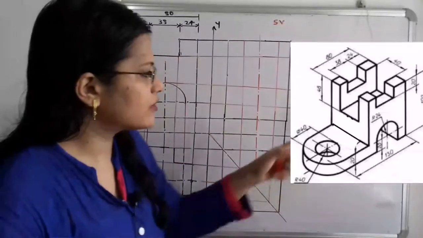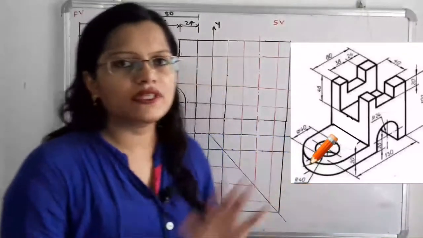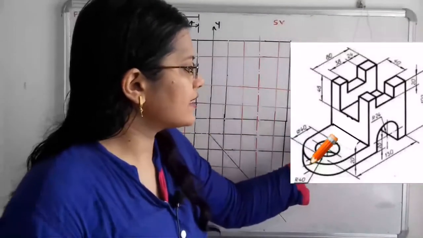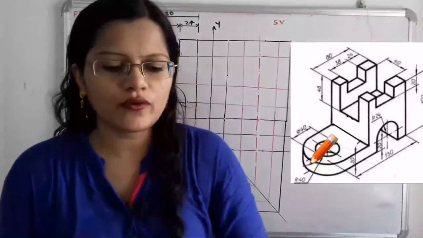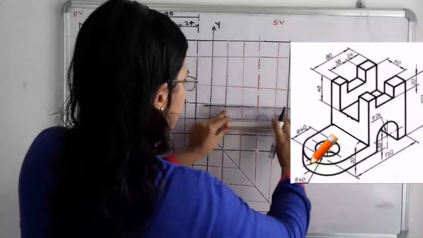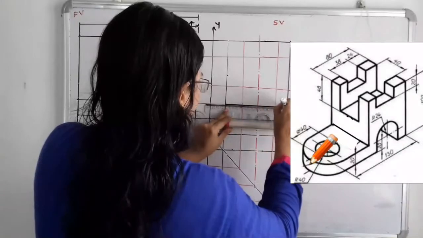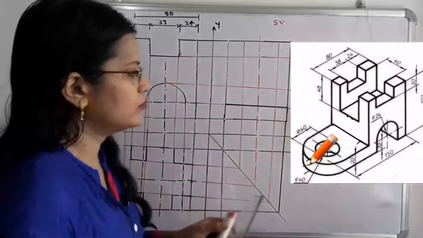If we observe the structure from the side, that is from the left hand side of this three-dimensional object, then what can we clearly see? We can clearly see the base having height 20 millimeters. So we have to show this construction line. I will show the construction line with the help of the black marker. The 20 millimeter height we have to show in this construction. So this is the base that we have to show.